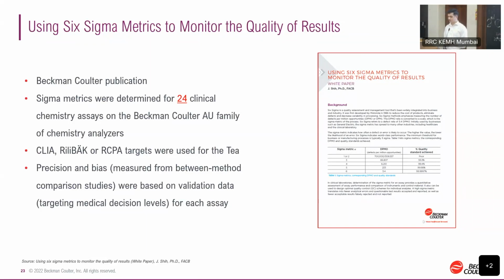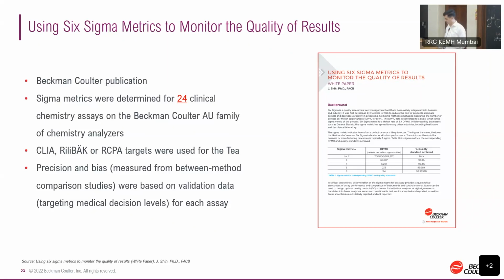In this study, 24 clinical chemistry assays were assessed for Six Sigma. The instrument was a Beckman Coulter analyzer. The TEAs were derived from CLIA, RiliBAK, and RCPA respectively, and the precision and bias were measured from method comparison studies and validation data, targeted at medical decision levels for each assay.